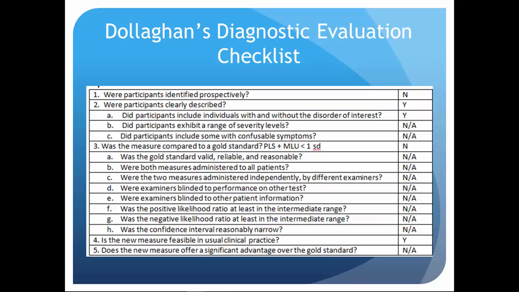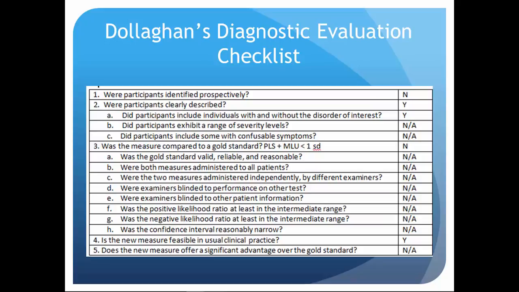Dollaghan's diagnostic evaluation checklist is presented here on this slide. Not very many of the checklist criteria applied to the TACL. The participants were not identified prospectively, but they were clearly described and did include individuals with and without speech and language disorders.